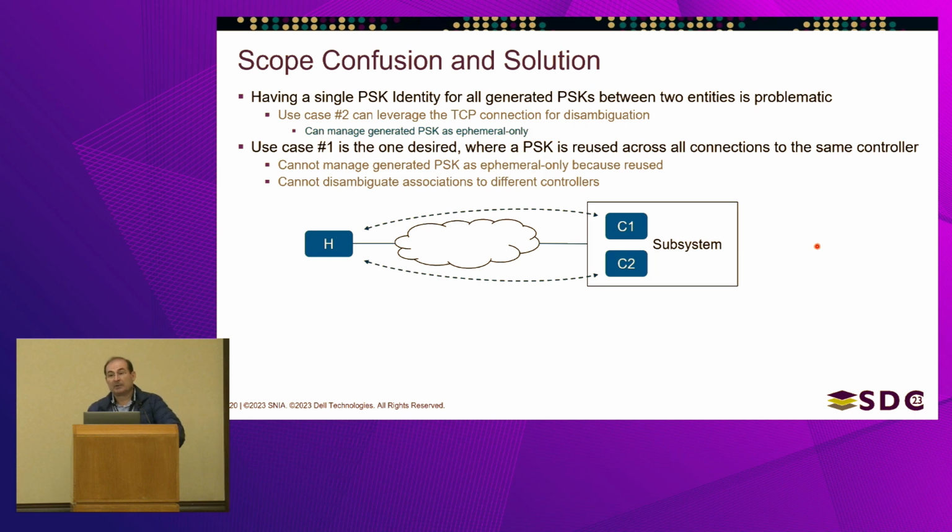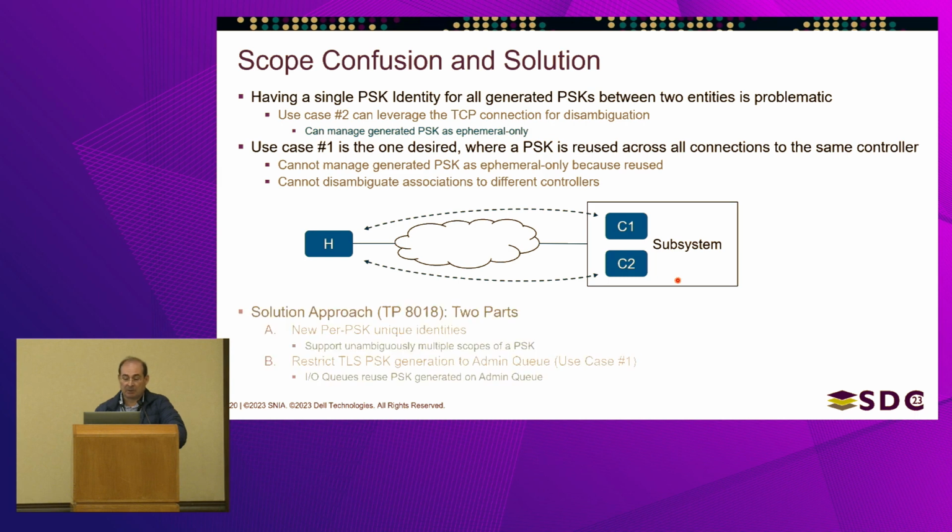I cannot do that because in my PSK identity, I only have a type identifier of PSK generated or retained, and then I have just the NQN of the host and the NQN of the subsystem. So the PSK identity for the connection host to controller 1 and the PSK identity for the connection host to controller 2 will be the same. Therefore, also the PSK has to be the same. I cannot distinguish these two PSKs. This has been the problem that came out.